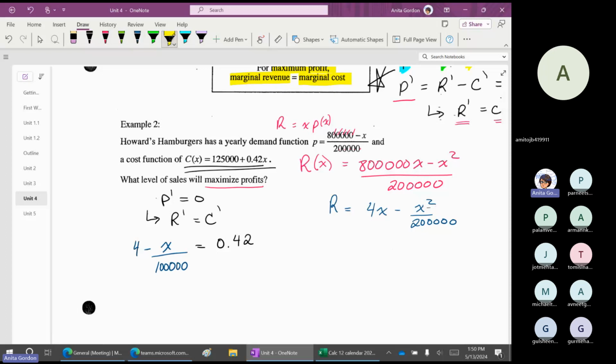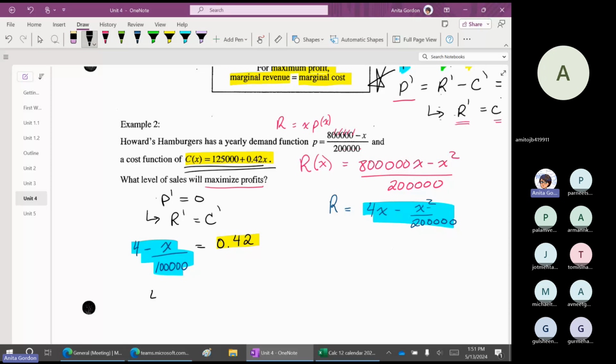Did we follow that? Here is C, here's C prime. Here is R, here's R prime. I'm setting them equal to each other. Yes, we're good? Nodding? Okay, and we're solving for X. What is the quantity we need to sell in order to maximize our profits?